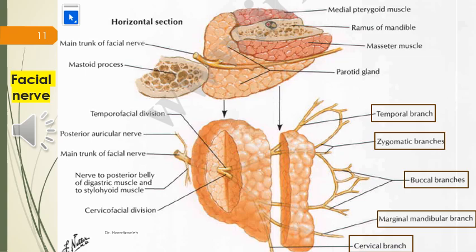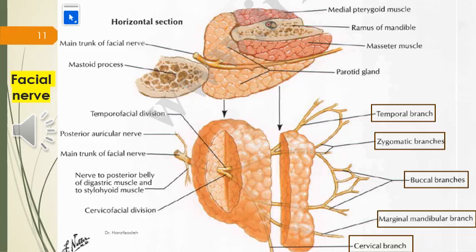Here we can see another section of the parotidomasseteric region in the face. In the upper picture, we can see a transverse section of the face, and in the lower picture, we can see the lateral surface of the parotid gland. In the upper picture, we can see the pathway of the facial nerve in the thickness of the parotid gland.